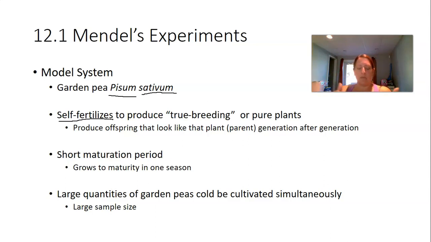The sperm can swim down and fertilize the eggs, all in one flower, okay, which again is called self-fertilization. Some plants can do this. The common garden pea plant can.